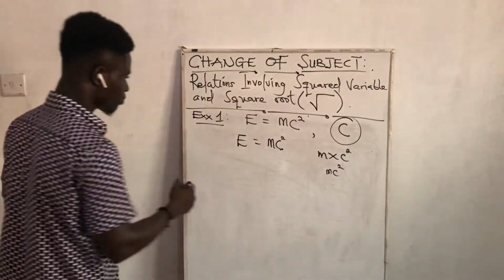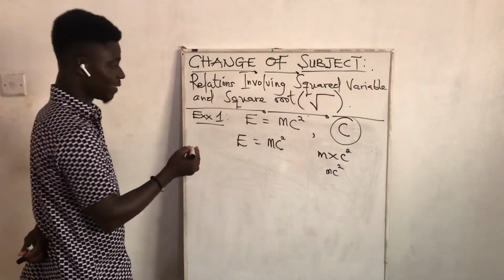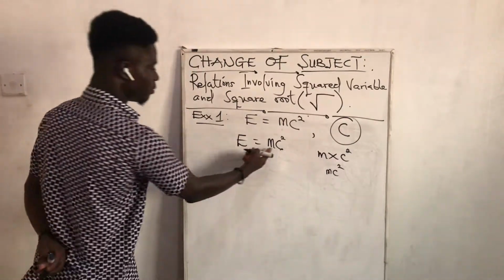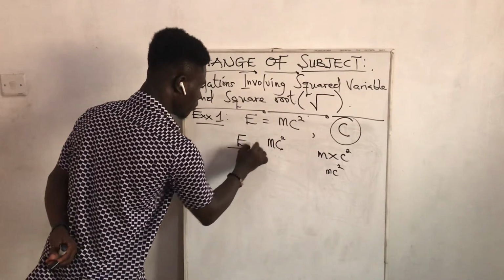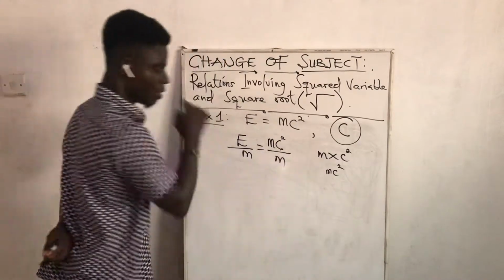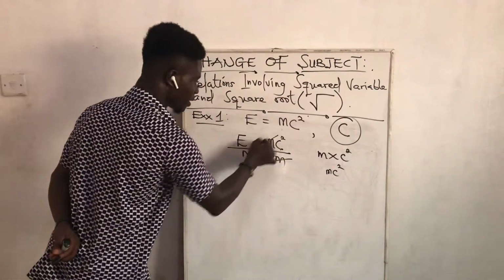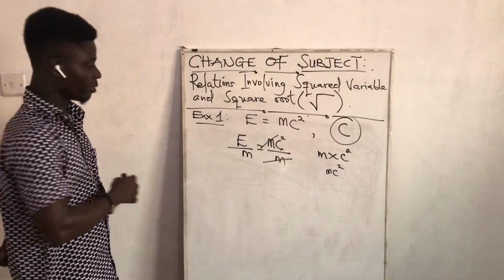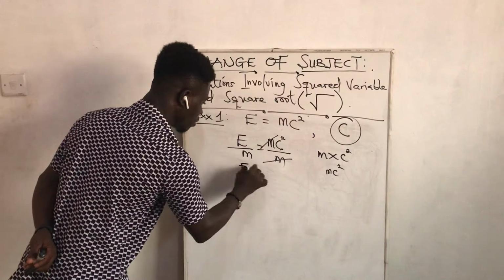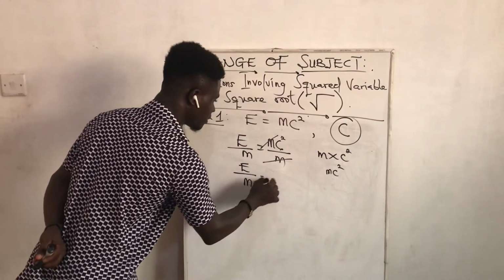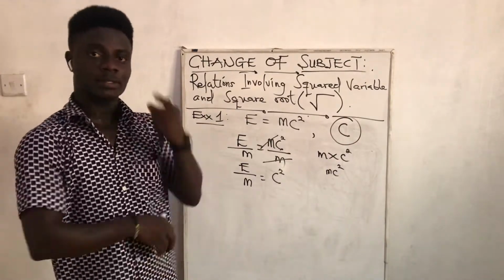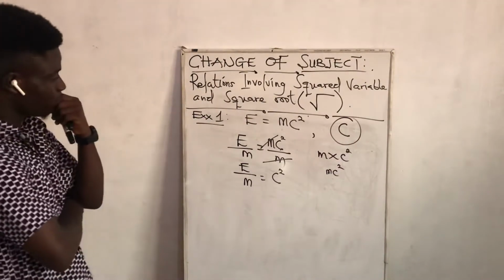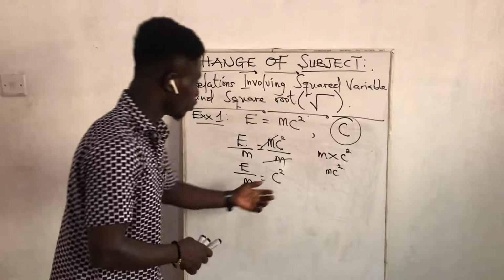So now, I have to divide both sides by m. So I have E on m equals c squared.